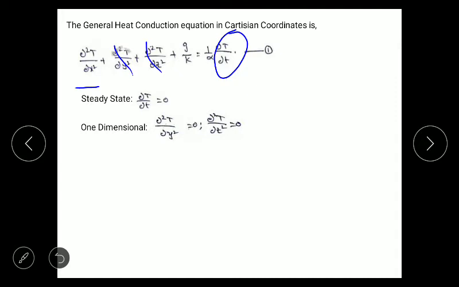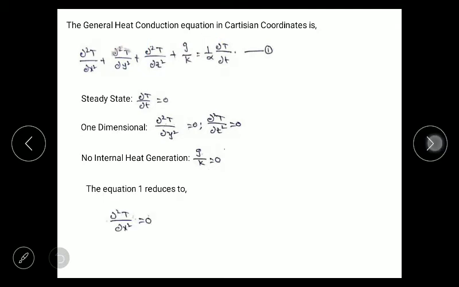Let us assume that there is no internal heat generation. As there is no internal heat generation, g is equal to 0, so g/k is equal to 0. So equation 1 can now be rewritten as ∂²T/∂x² = 0, as all the other terms are equal to 0. We are only left with ∂²T/∂x², which is equal to 0.